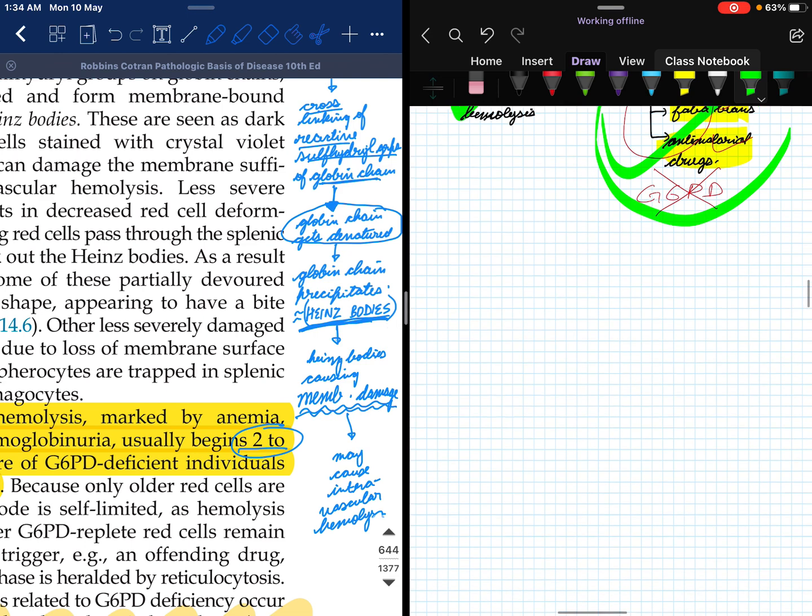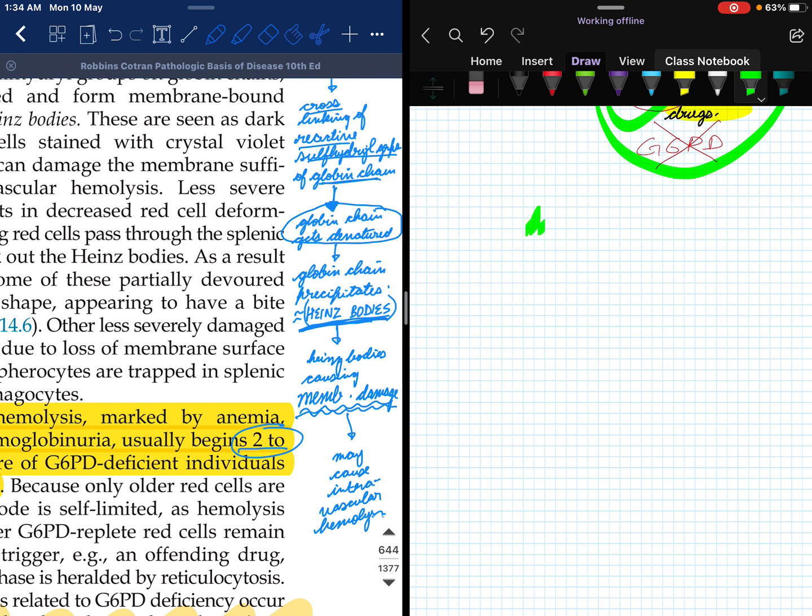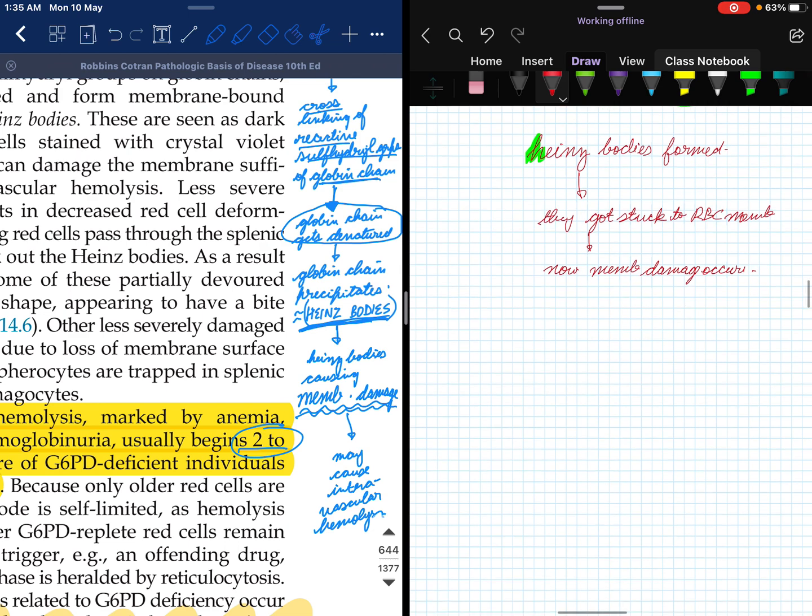So up to here we need to understand that Heinz bodies formed, they got stuck to the RBC membrane, and membrane damage occurred.